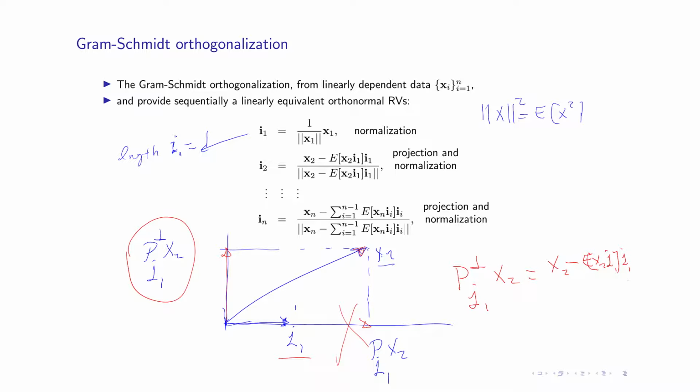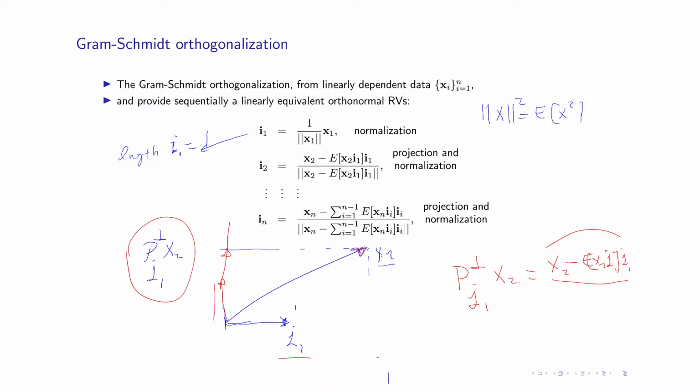So the second step is that from x2 and I1, I find this orthogonal projection, and then I normalize it. I want a vector along this direction, but I want it to have a unitary length.